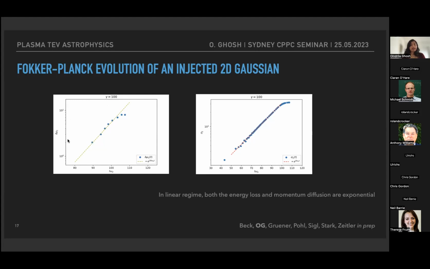And I looked at how the mean momentum would change, and the change of the mean momentum, this is characterized by the drift, or in this case, the instability losses. They follow an exponential in time. And correspondingly, the standard deviation, here I show only the parallel direction, would also grow exponentially.